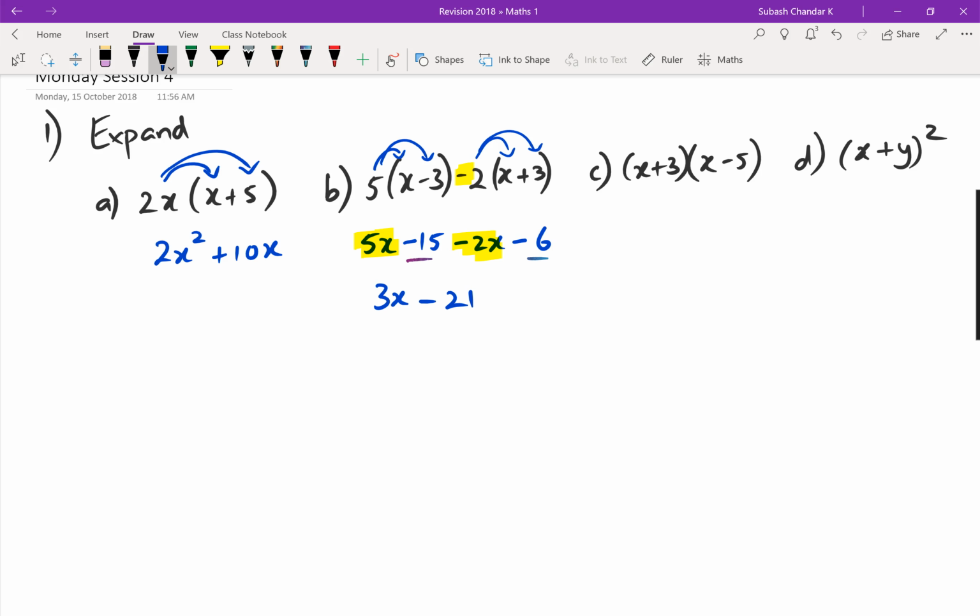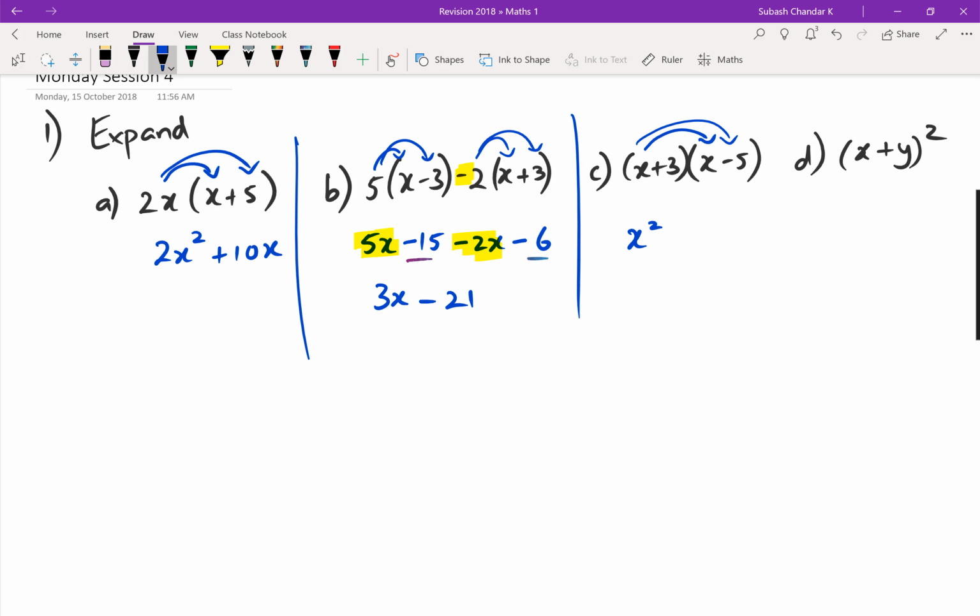As for C, you're dealing with a quadratic. Expanding a quadratic, you would have done this last year with FOIL. It could be the FOIL method, or it could be a table method. Whatever method you choose, I don't care, as long as the final answer is what I'm looking for. So in this one, we've got x times x, which equals x squared.